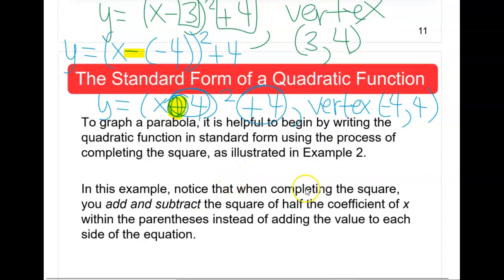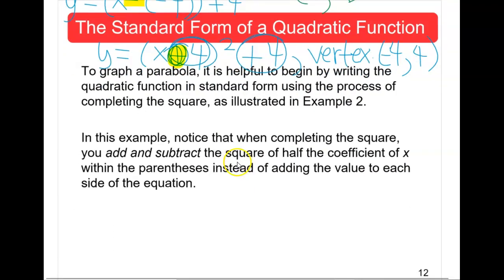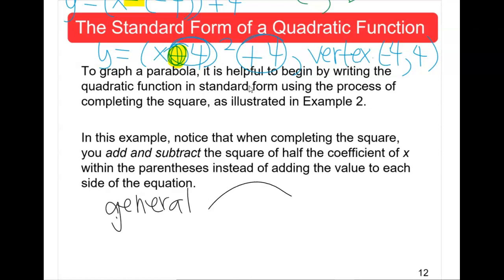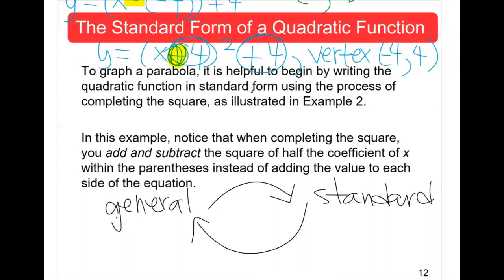Okay, so to graph parabolas, it's helpful to begin by writing the quadratic function in standard form. So we could go from general form to standard and vice versa. General is the one that I think I called standard, but let's call it general.